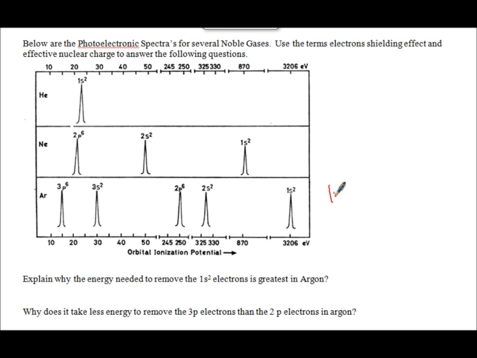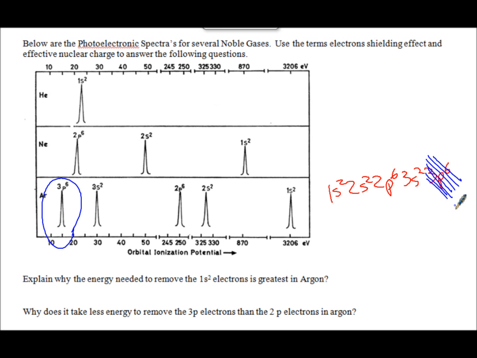So for argon it is 1s2, 2s2, 2p6, 3s2, 3p6. And it looks like it's kind of written backwards on here. And you're just going to imagine that this energy quantity here correlates to them removing those 6 electrons.